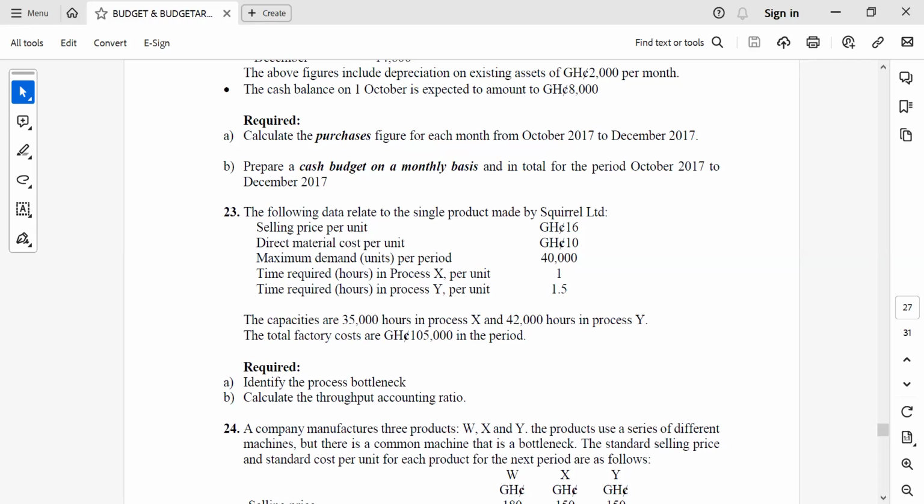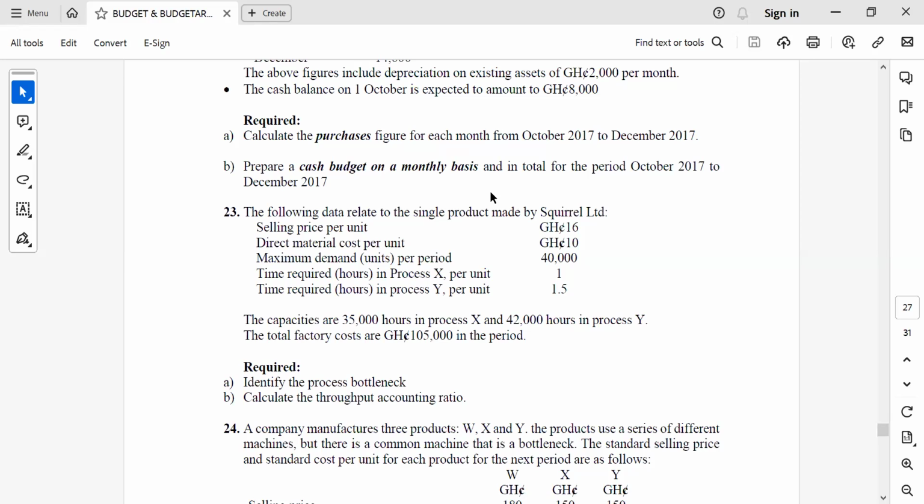Maximum demand per period, 40,000. Time required in hours in process X per unit is 1. Time required to process Y per unit is 1.5. The capacities are 35,000 hours for X and 42,000 hours for Y.